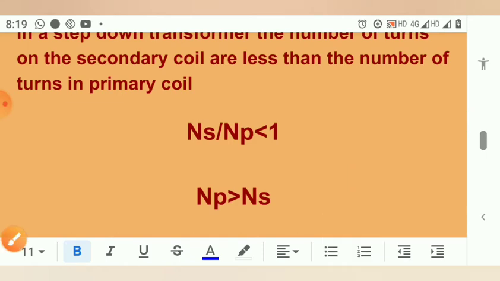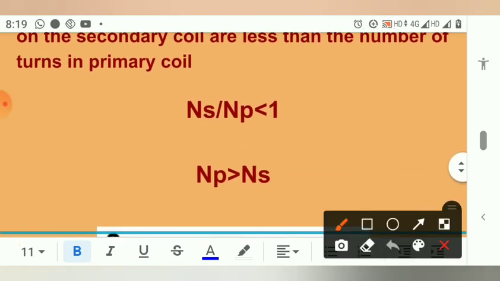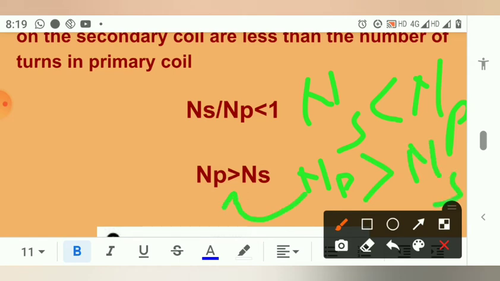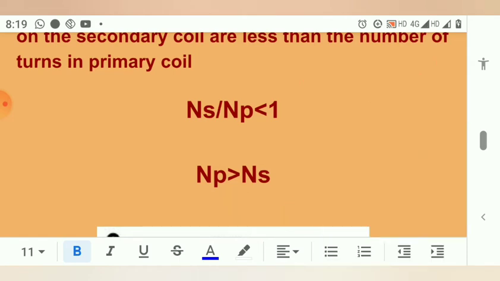It is giving np is greater than ns, same thing but it has been altered. If we alter it, keep np here, then the greater than sign, and then ns, so we can see that it's like this, okay.